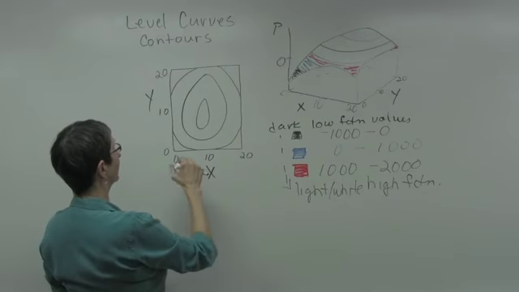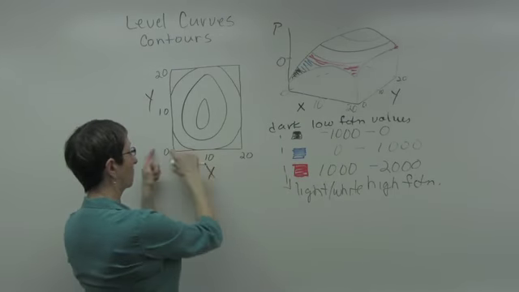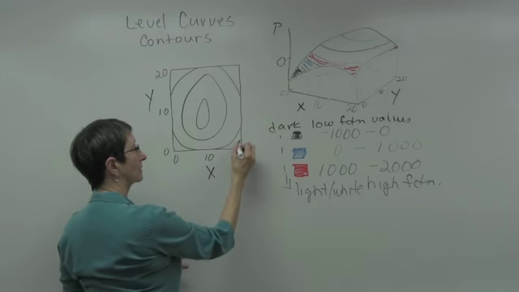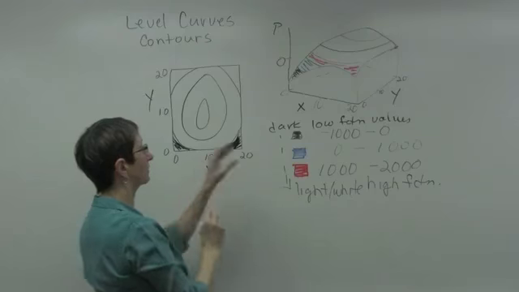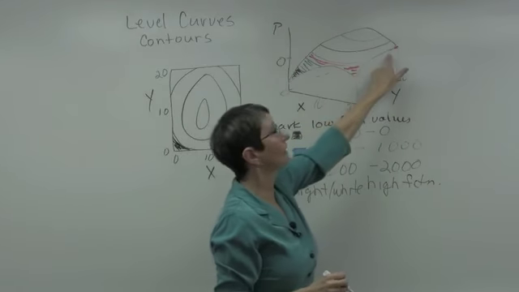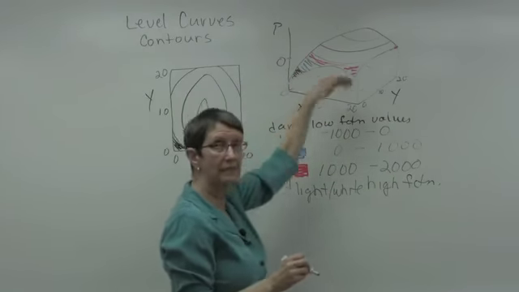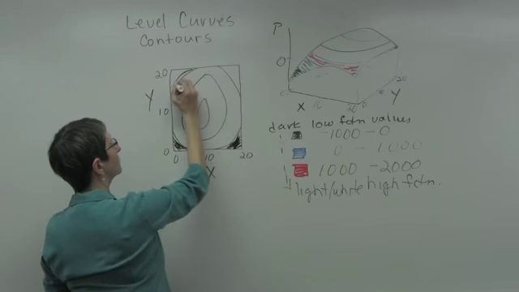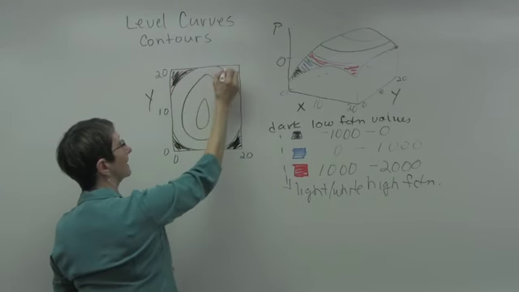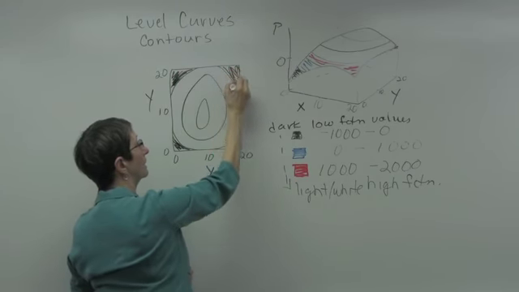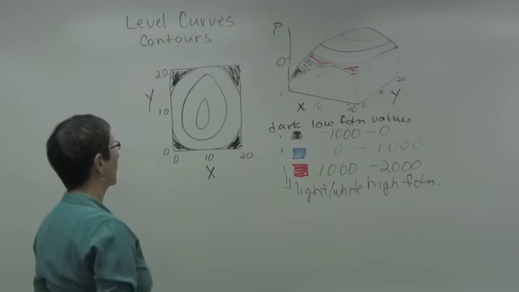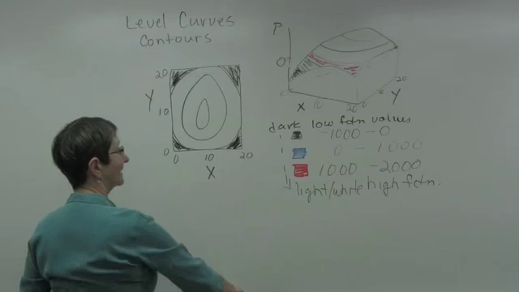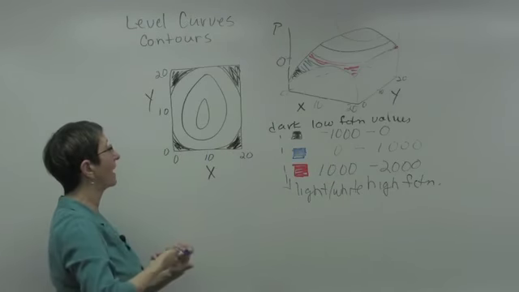So you can see if X is 20 and Y is 0, right in here is dark and low on the graph. As you check the 3D graph, it goes down a little bit here, and you can't see it, but it goes down the back also. So these would be the darkest because they are the lowest function values, and they look like the bottom parts of the graph. The next numbers that go up, the blue is the next highest, between 0 and 1,000.